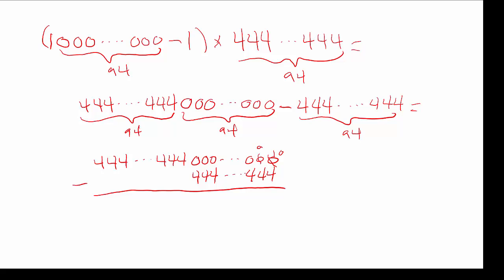So I'm going to borrow, and I've got to borrow from every one of these zeros all the way down the line until I come to my first 4, which becomes a 3, and then I don't borrow anymore. Now we'll do the subtraction. The first digit is a 6, the second is a 5, and then we're going to get 5s all the way down that row until we come to our 3, and then the rest will be 4s.